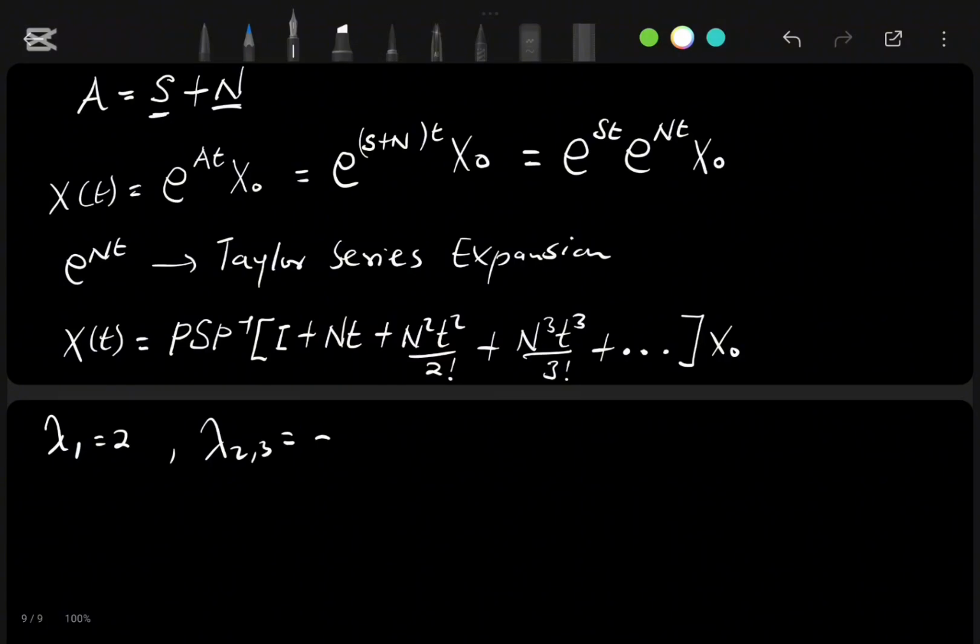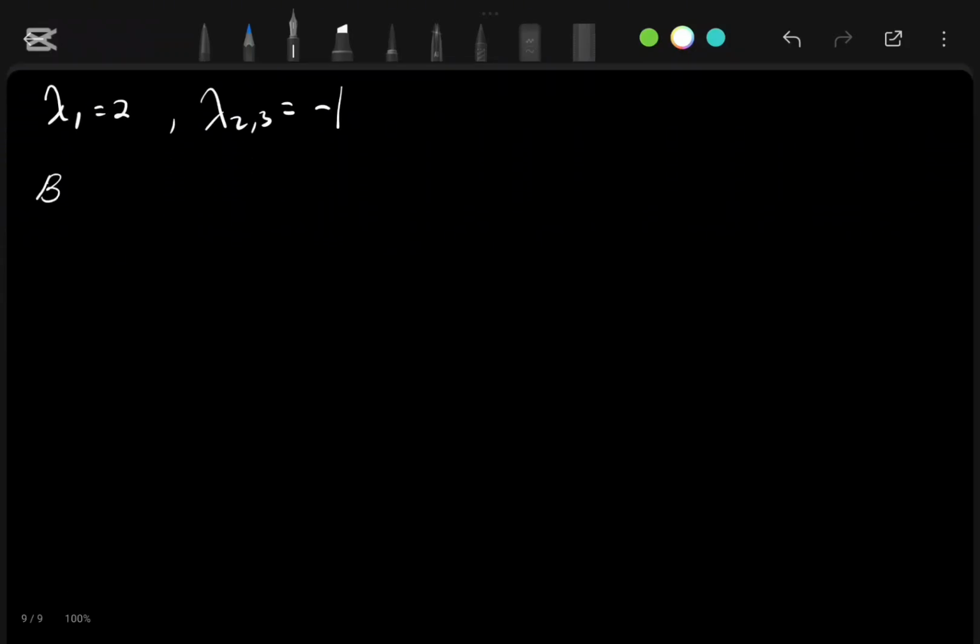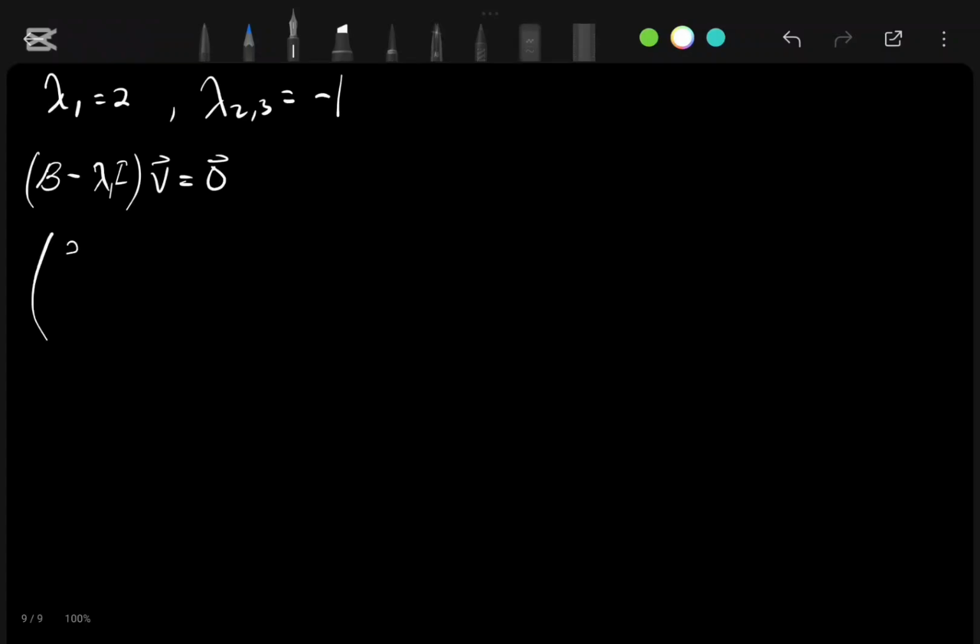So we're using the lambdas: lambda 1 equal to 2, and lambda 2 and 3, which are equal to -1. We can now find our eigenvectors. B minus lambda I times V is equal to 0. We have 2, 3, 0, 0, -1, 0, 0, 0, -1, minus our lambda 1 which is 2, so we have 2, 0, 0, 0, 2, 0, 0, 0, 2.